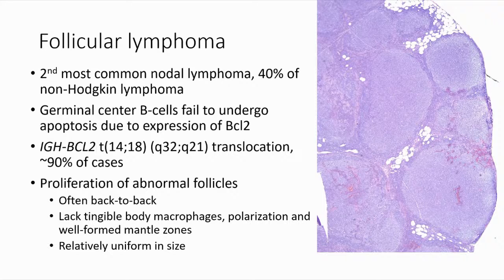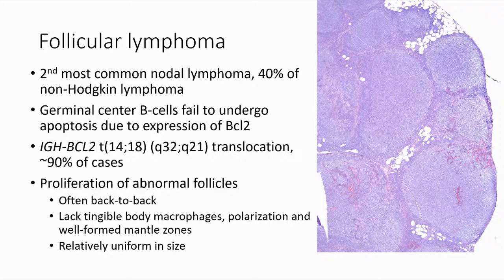And so these are germinal center cells that have failed to undergo apoptosis in general due to expression of BCL2 protein, and in most cases that's a result of the IgH-BCL2 translocation, the t(14;18) translocation, although that's less commonly seen in higher grade follicular lymphomas. And so, as I mentioned, most typically you have a proliferation of these abnormal follicles.